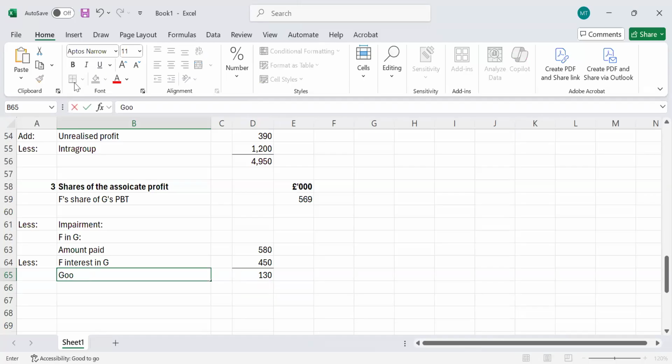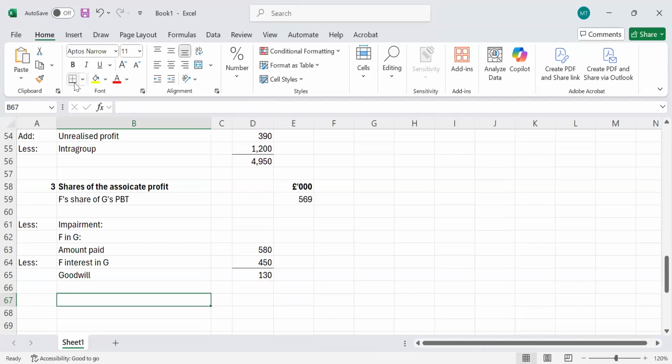This is your goodwill. Now we are looking for impairment. In note 3, it says that the goodwill for all acquisitions is capitalized. Impairment of 50% is to be recognized against the goodwill of Wood Limited, which is a subsidiary, and impairment of 20% is to be recognized against the goodwill of Grove, which is an associate, which is what we are looking for.